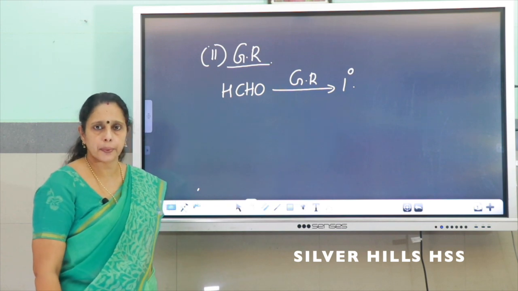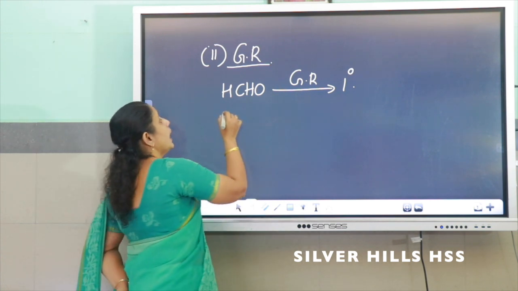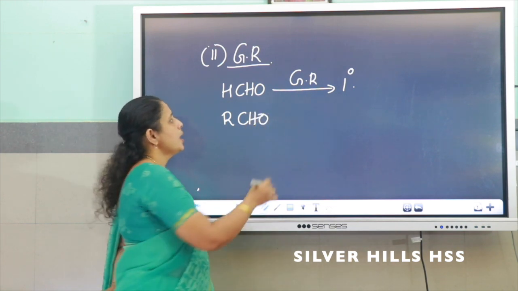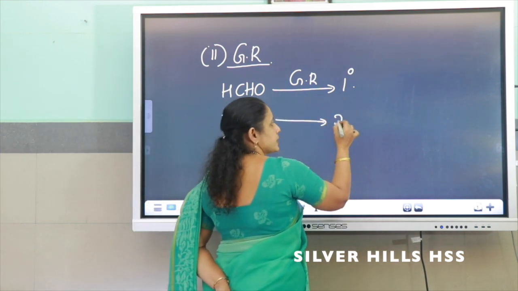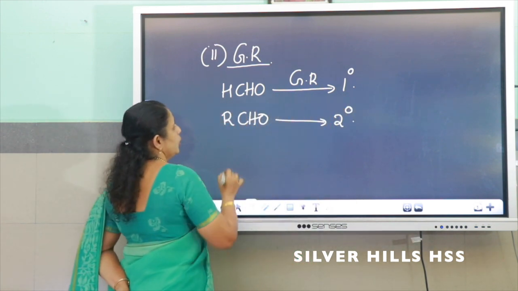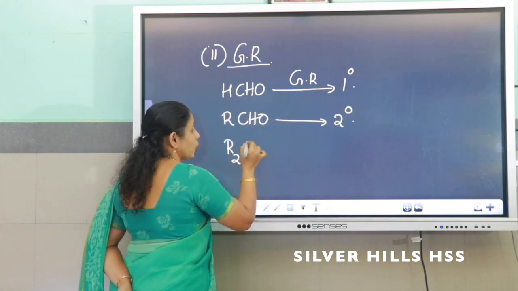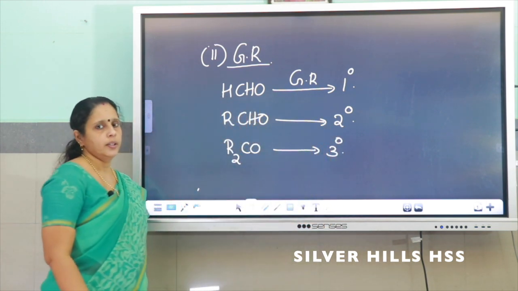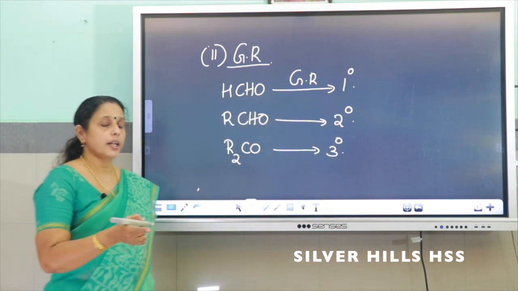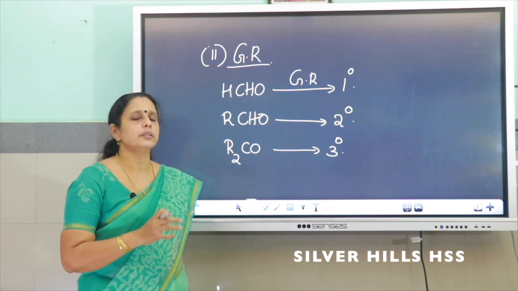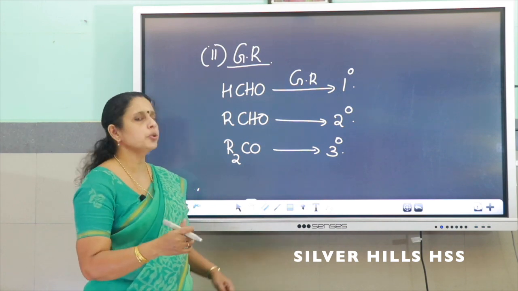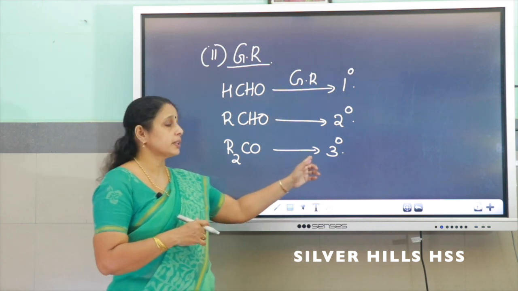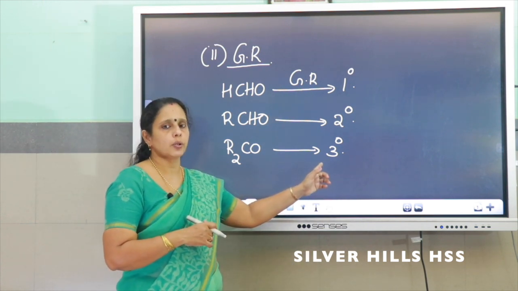Other aldehydes produce a secondary alcohol, whereas ketones produce tertiary alcohol. So, using Grignard reagent also we can convert the carbonyl compounds into primary, secondary and tertiary alcohol, and by this method we can prepare tertiary alcohols also.